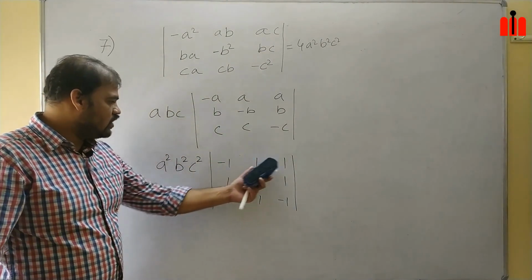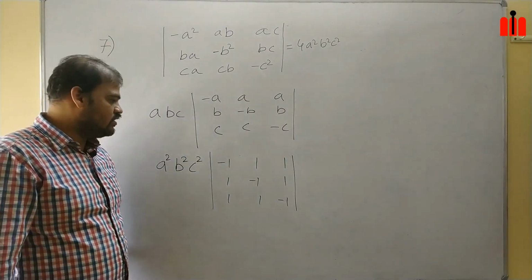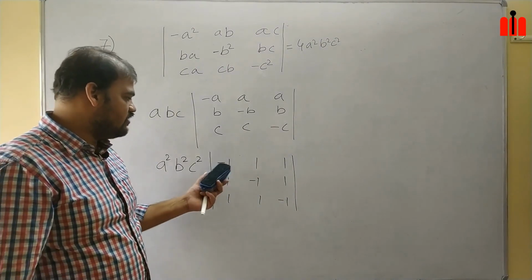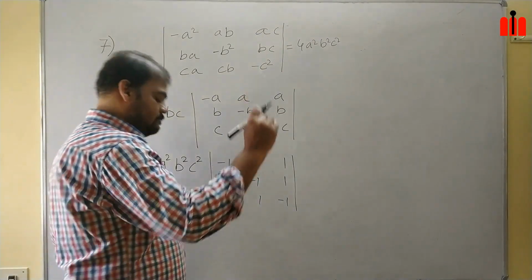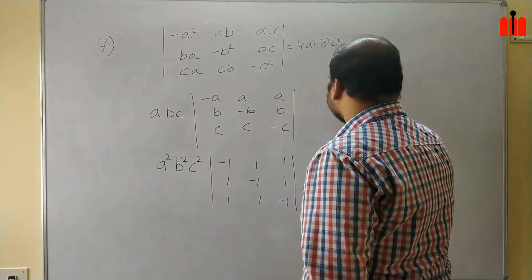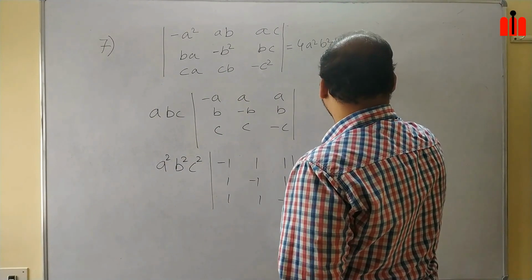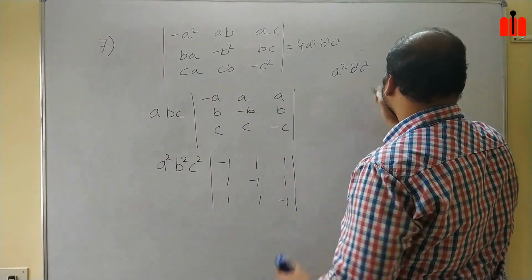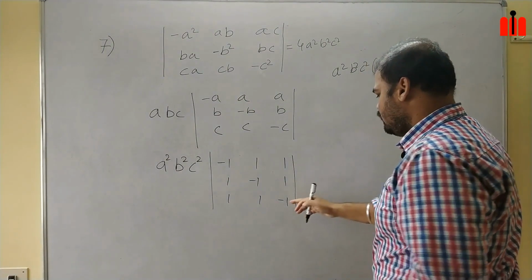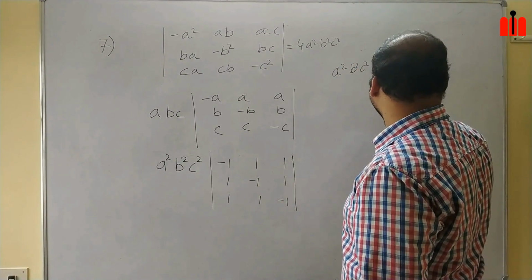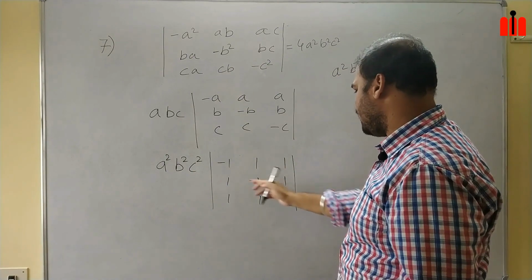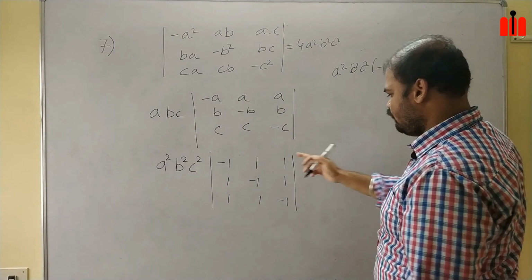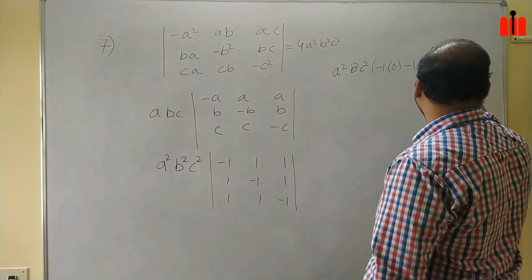Okay, are you getting it? So I have taken a common, b common and c common. Now let us expand through any of the row or column. I will expand through R1, so it will be a square, b square, c square, and I am expanding through R1, so it will be minus 1, 1 minus 1, 0, minus 1, minus 1, minus 1, minus 2, plus 1, 1 plus 1, 2.